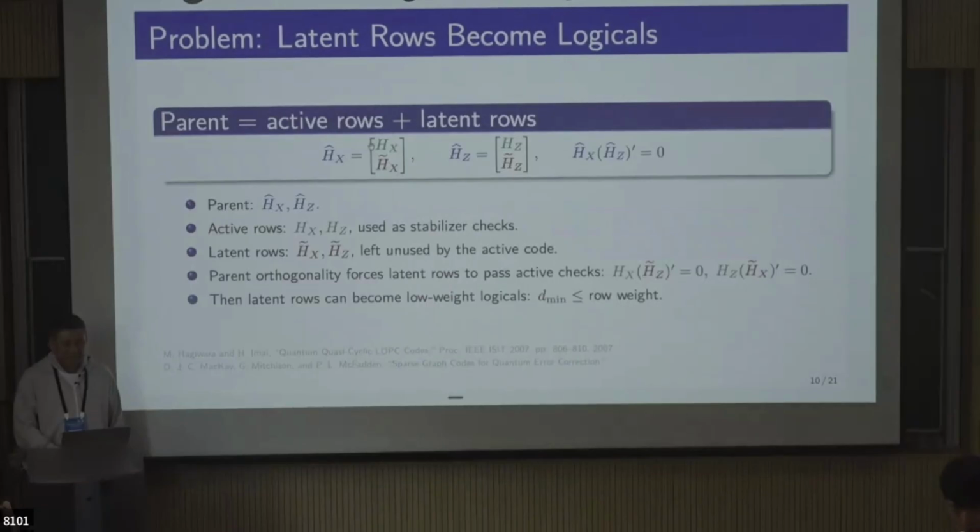Yes, if it's full rank, the rate would be 0. But if you just take that active part, you should have finite rate, right? Yes. I've given an example with a concrete construction two slides later.